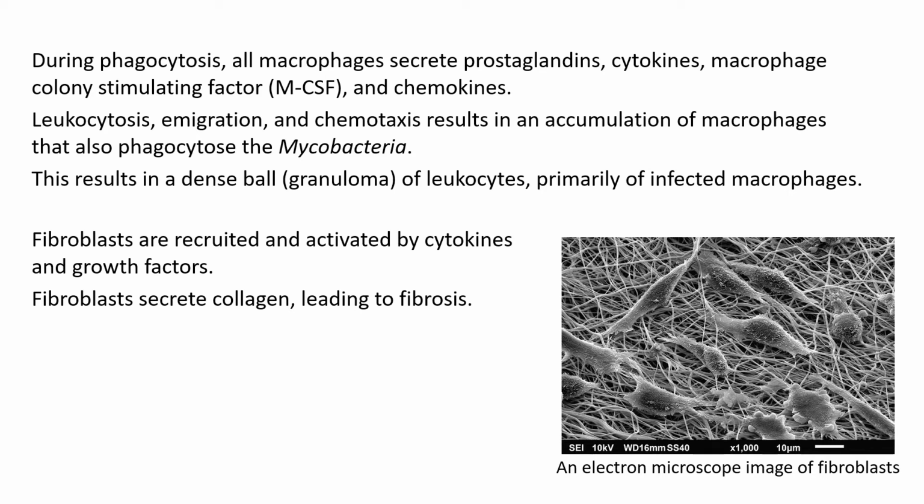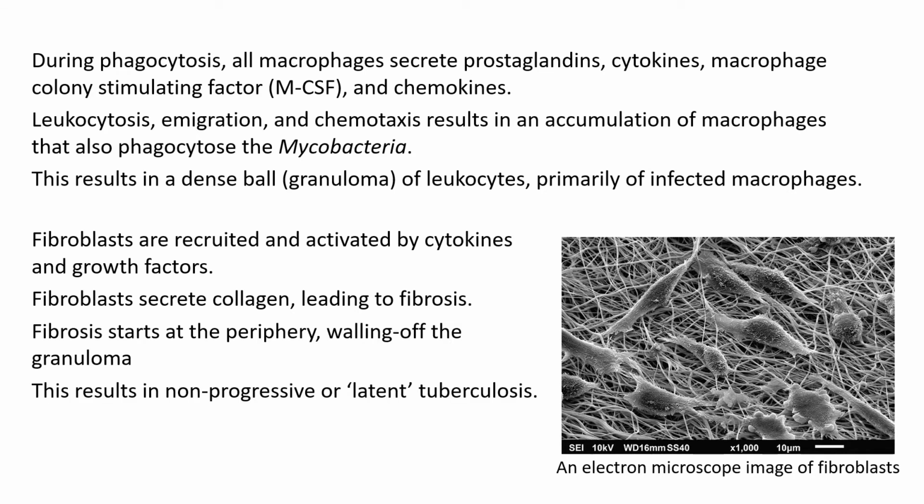Our fibroblasts are recruited. They're activated by various cytokines in the area and growth factors. They secrete their collagen and they cause fibrosis. In this case, that fibrosis walls off the granuloma. So it starts at the periphery because that's where our fibroblasts first land. Oh, yeah, let's secrete loads of collagen around this. And they end up walling it off.